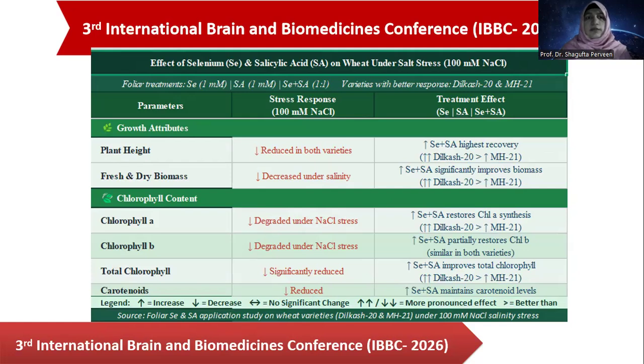Results of the current study show that different growth attributes like plant height, fresh and dry biomasses significantly decreased in both wheat varieties under salt stress. All treatments, that is selenium, salicylic acid, and the combined selenium and salicylic acid, increased the shoot plant height and fresh and dry biomass.